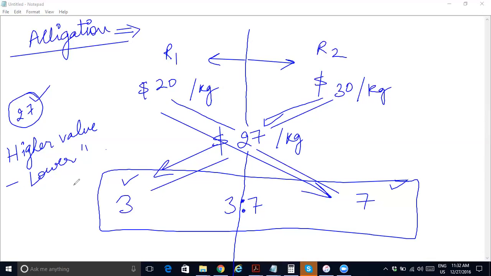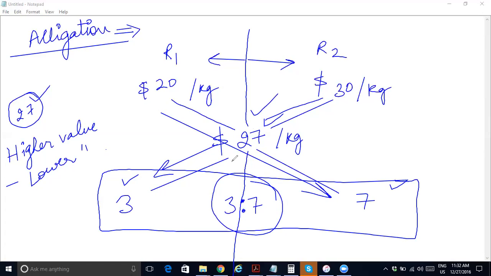Now, in this, the operation that we are performing is higher value minus lower value. So this is the ratio in which we should be mixing these two quantities in order to get a mixture which is worth $27 per kg.